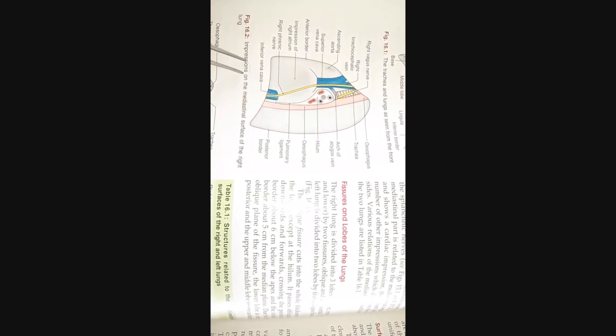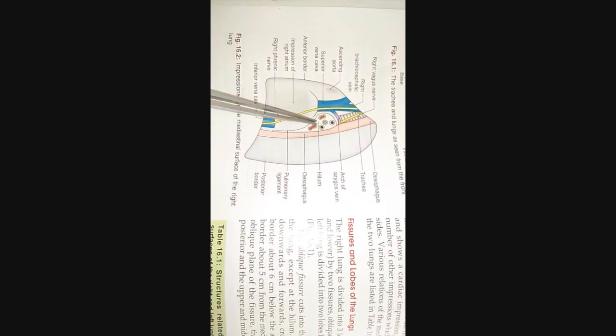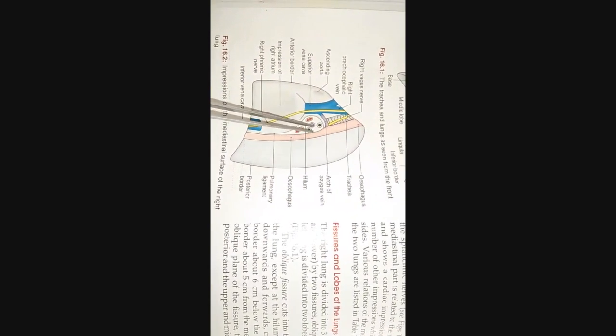Before seeing the structures related to the mediastinal surface, we look at the book picture. This is the mediastinal surface of the right lung. This one is your hilum, and these are the structures present in the root of the right lung.